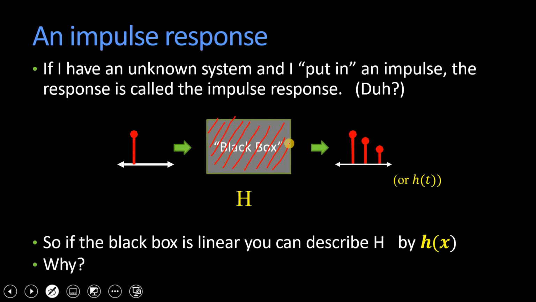Such a board is normally called a black box, because you don't know what is inside it. You don't have any idea what is inside this board. That's why it's black inside. So you don't know how it works. For that purpose, the signal processing engineer gives an input to this board or chip or circuit. They give it an impulse signal as input.